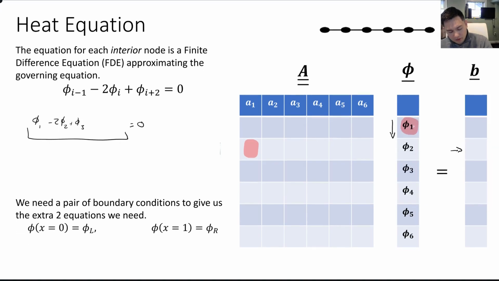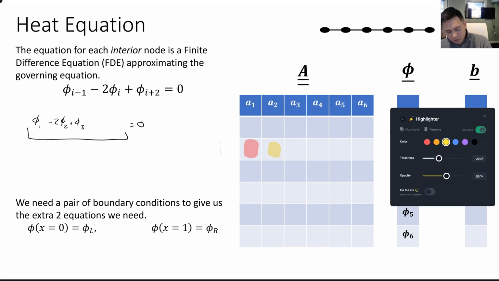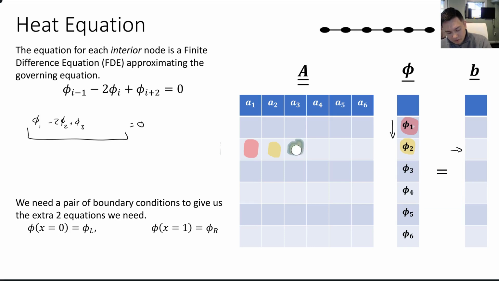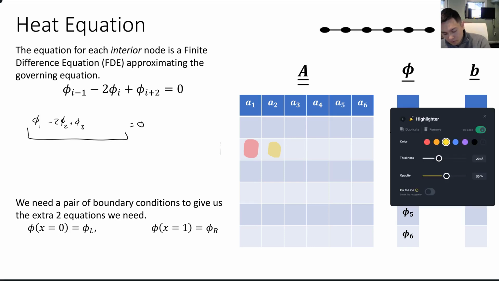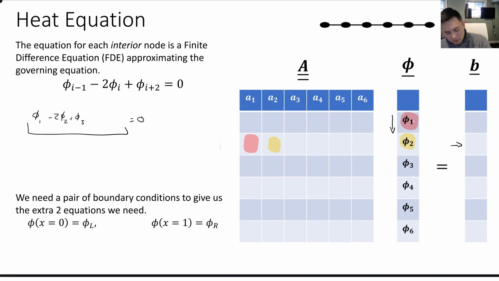Whatever we put in this space here is going to be multiplied by phi2. And whatever we put in the third space would be multiplied by phi3. The fourth space would be phi4, the fifth space would be phi5, and so on and so forth.